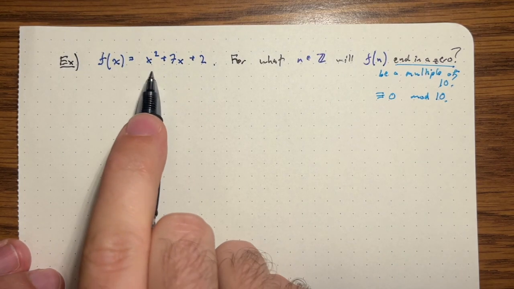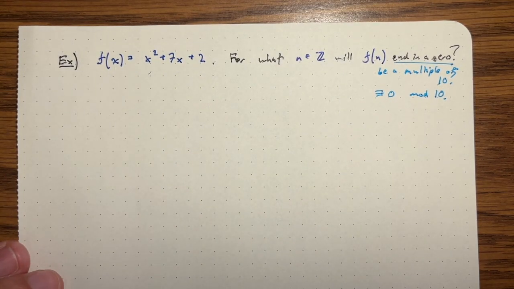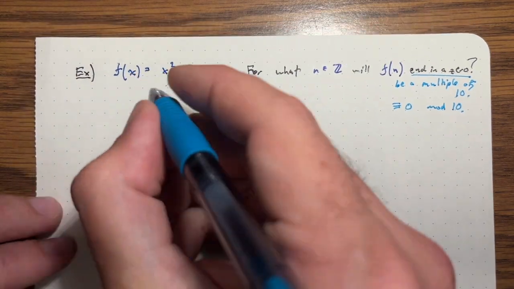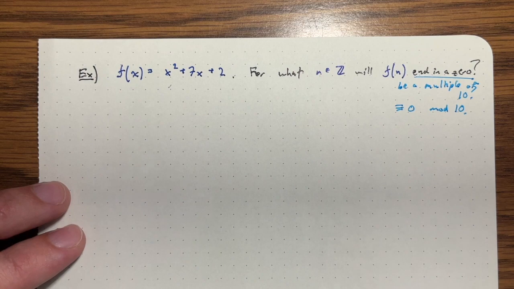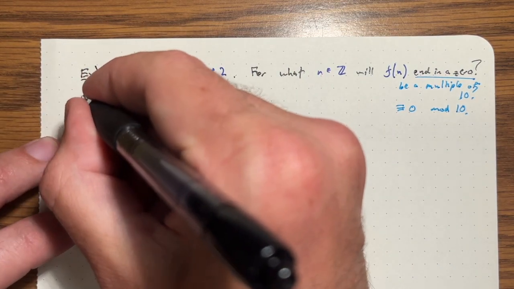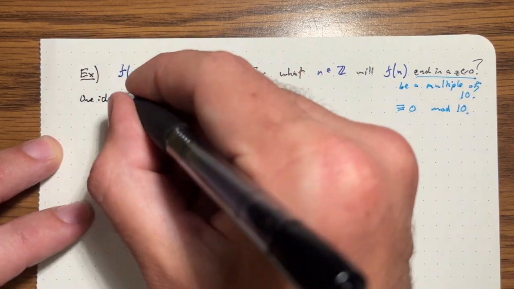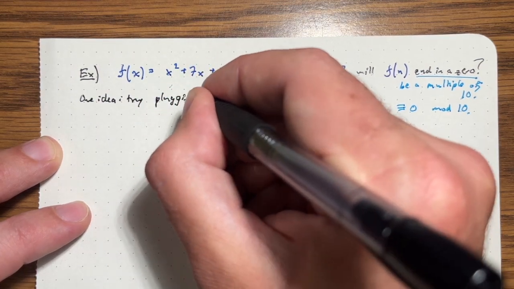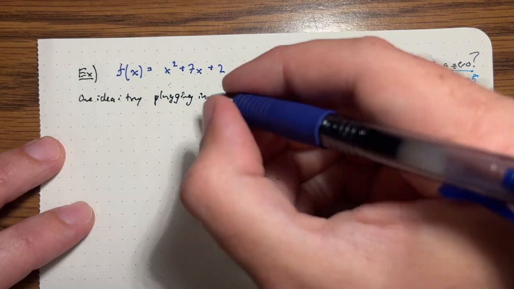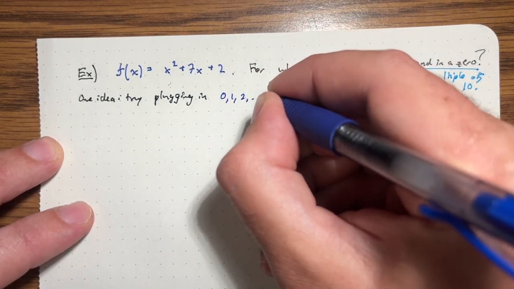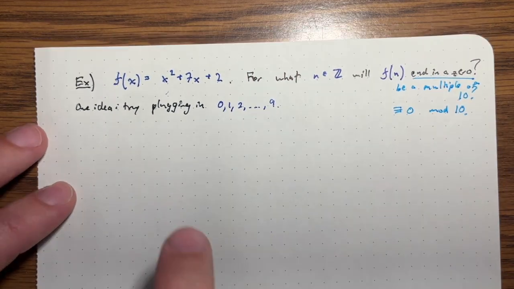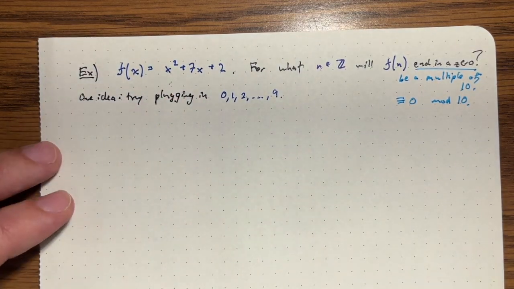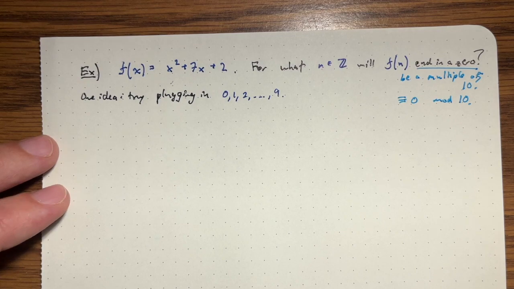One way to do this problem, and this is probably how I would do it, just to be completely honest, is to just try plugging in the numbers 0, 1, 2, all the way up to 9, and see which ones give you a multiple of 10. That's one way to do it.